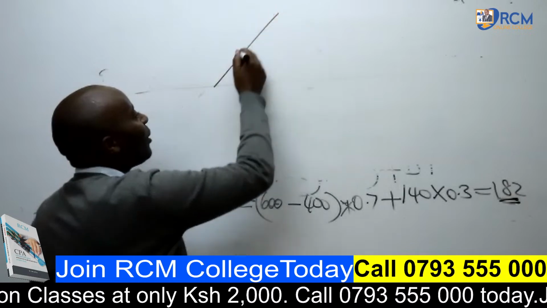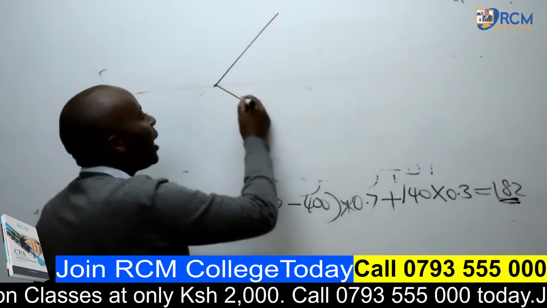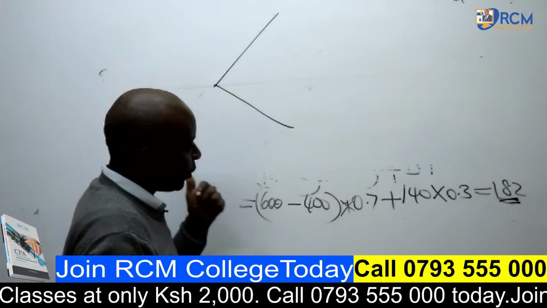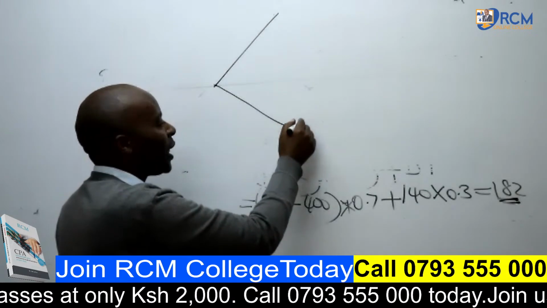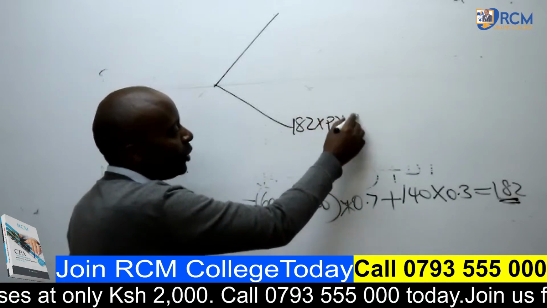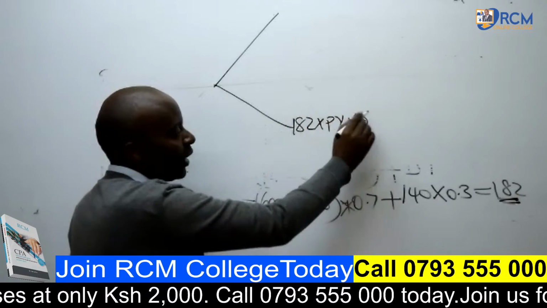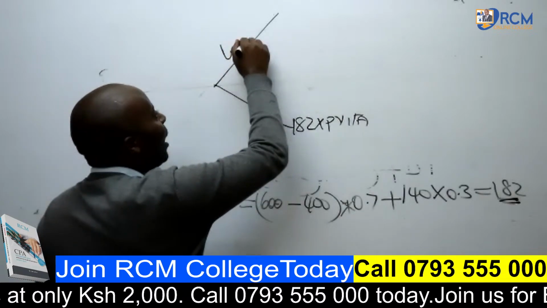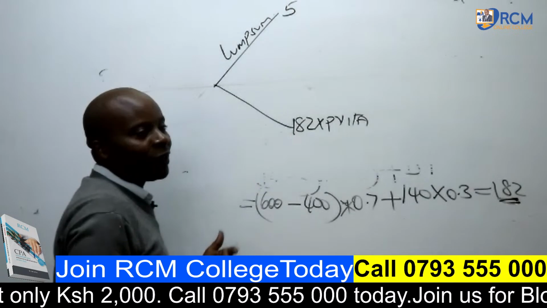Remember, we have two types of cash flows here. We have our annuity cash flow of 182, which has to be multiplied with the PV factor. And then remember, we have a lump sum amount of 5,000.